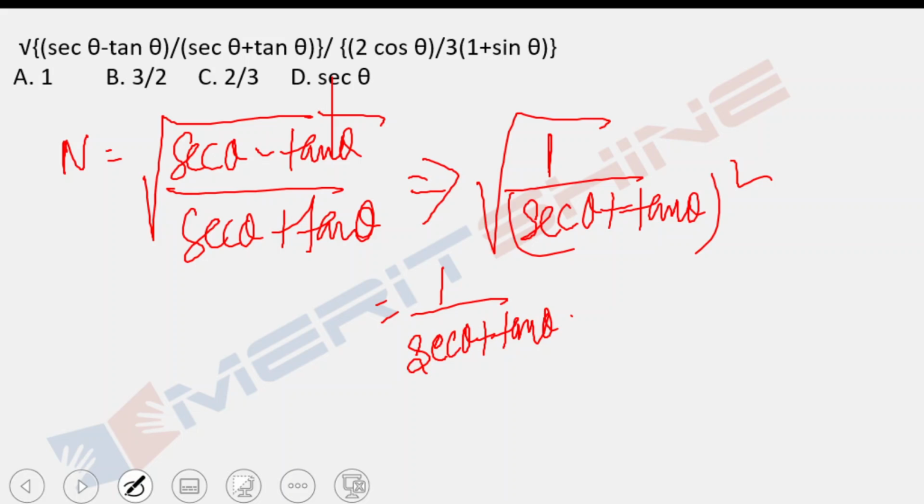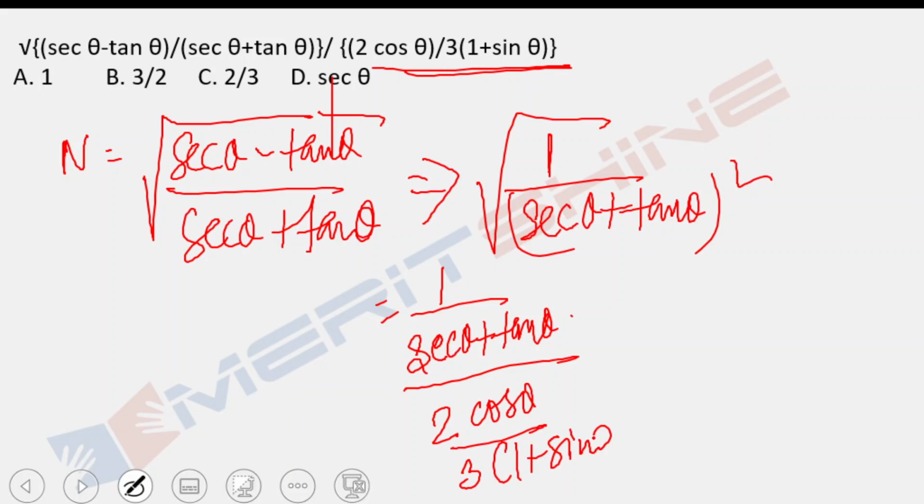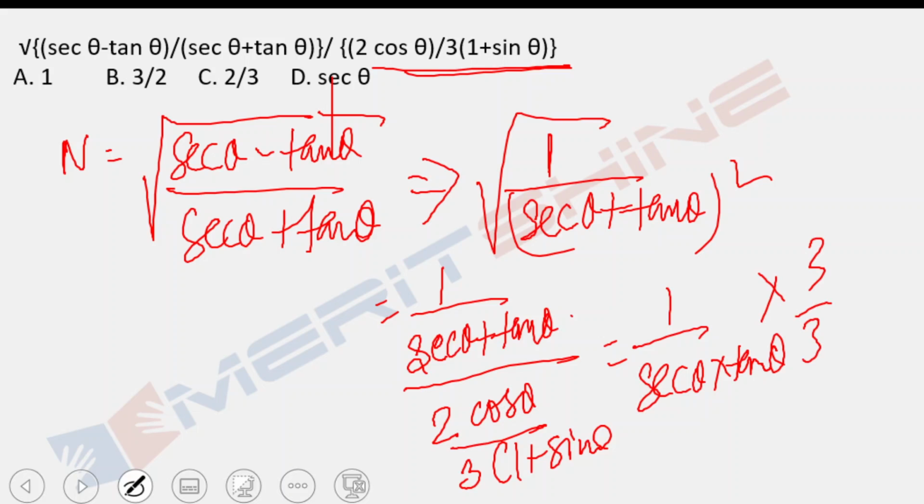On the other hand, my denominator is 2 cos theta divided by 3 into 1 plus sin theta. So this can be written as 1 by sec theta plus tan theta into 3 by 2, and 1 plus sin theta divided by cos theta is sec theta plus tan theta.